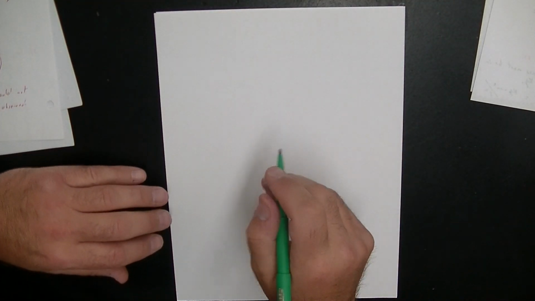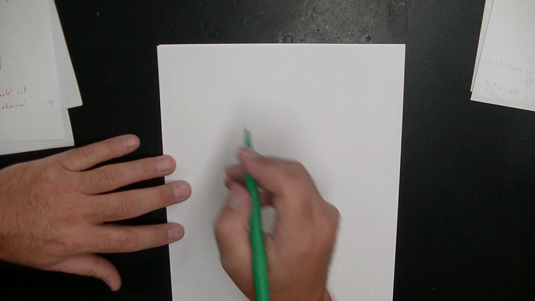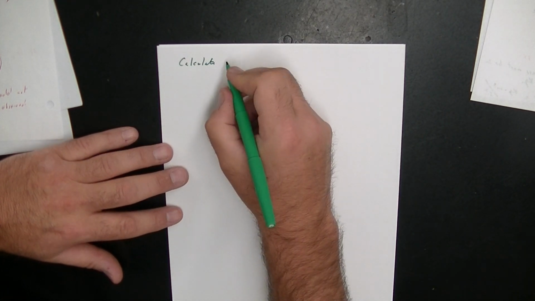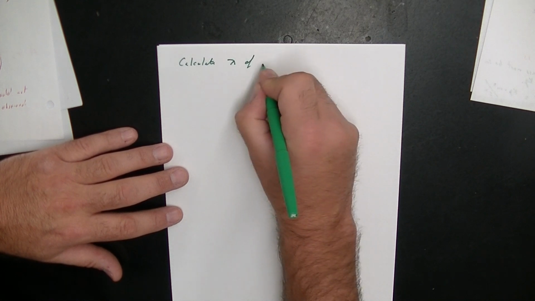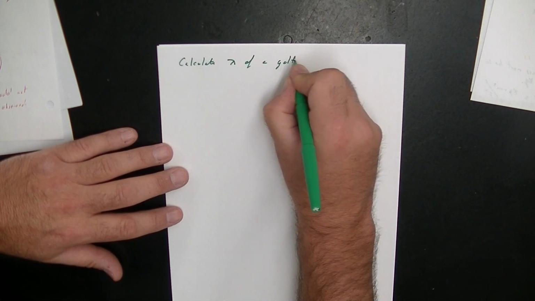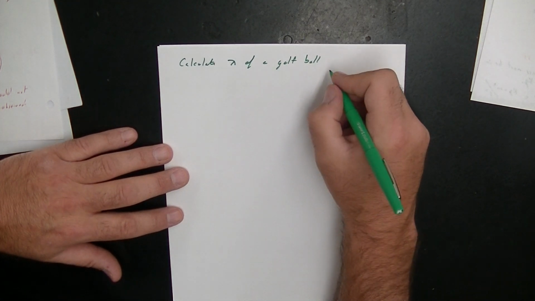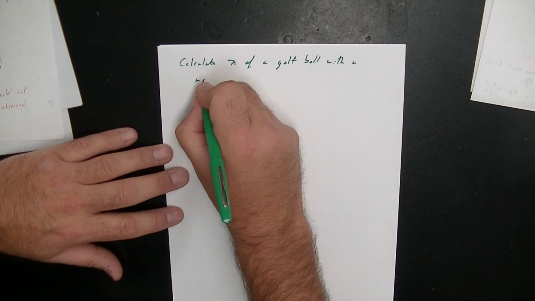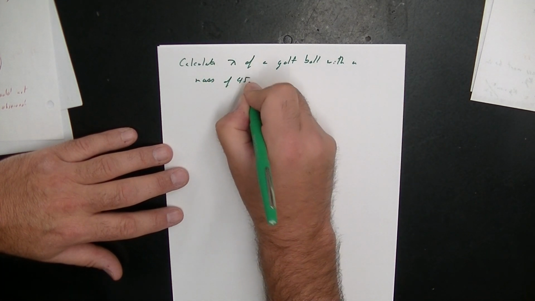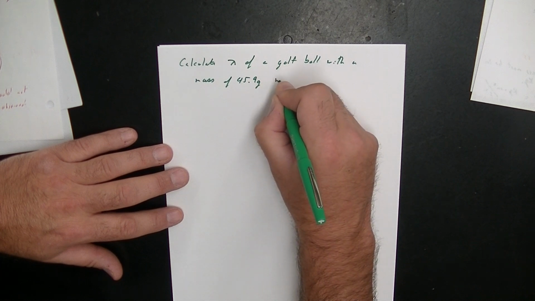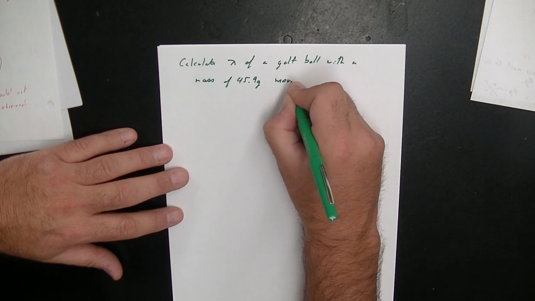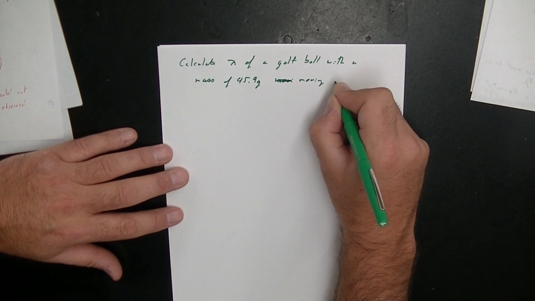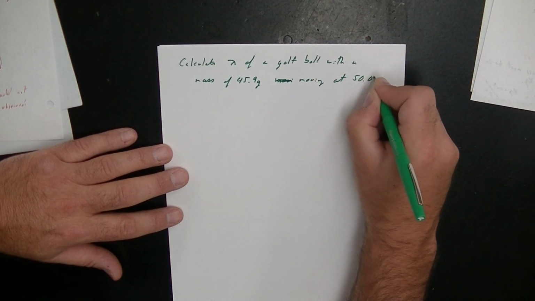I don't know how many of you play golf, but let's calculate the wavelength of a golf ball with a mass of 45.9 grams moving at 50.0 meters per second.